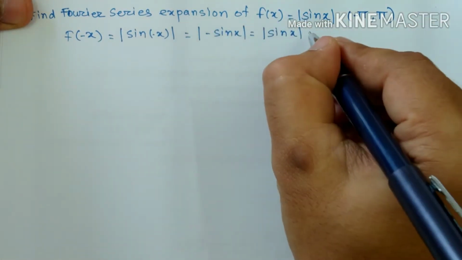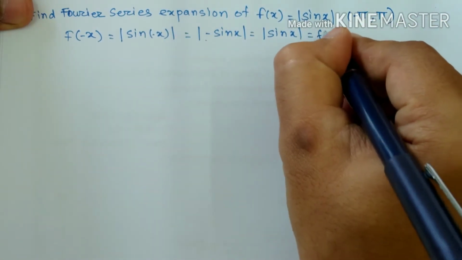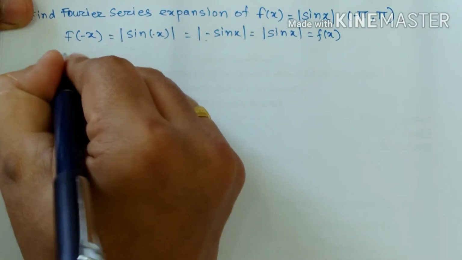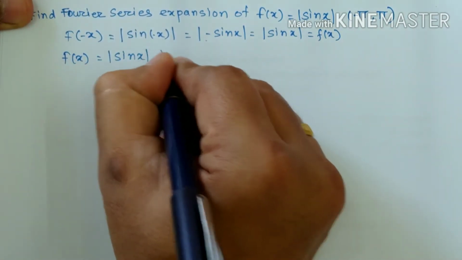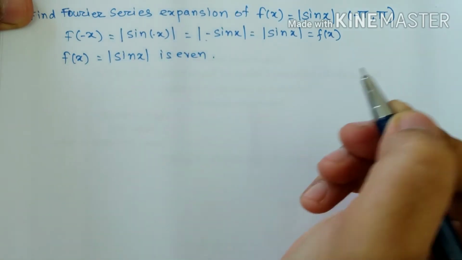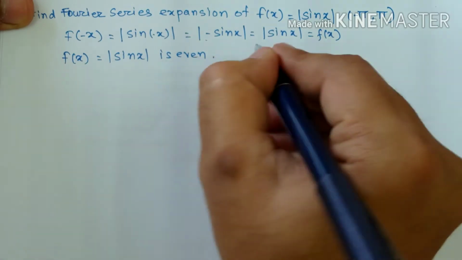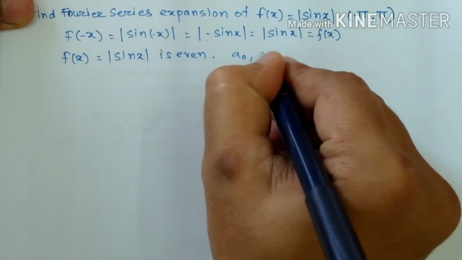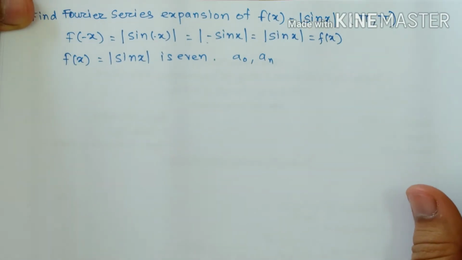So the value of this as well as mod sin x is always the same. Hence f of x is equal to mod sin x is even. Therefore the Fourier series expansion will have a0 and an. Bn is of course 0. Are you clear with this?